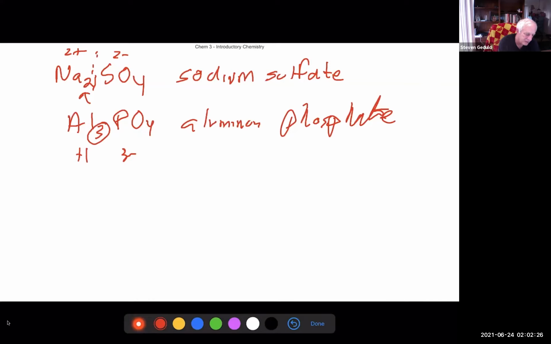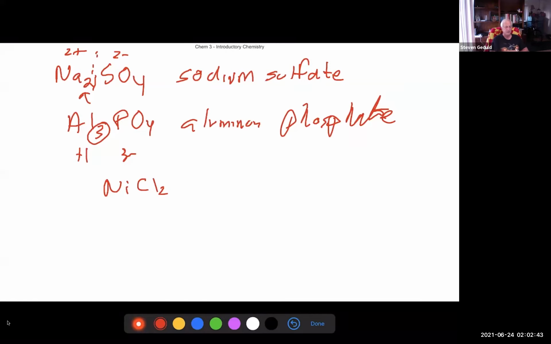Name this compound. Ni. No takers on this one?